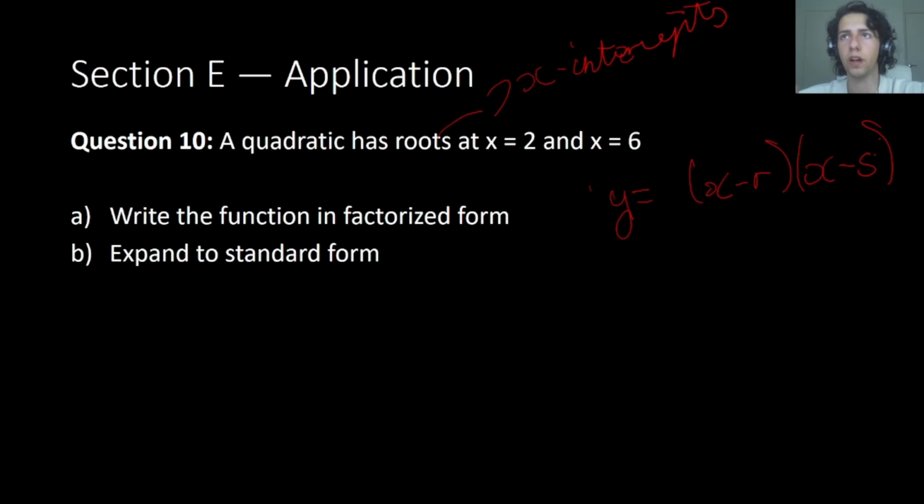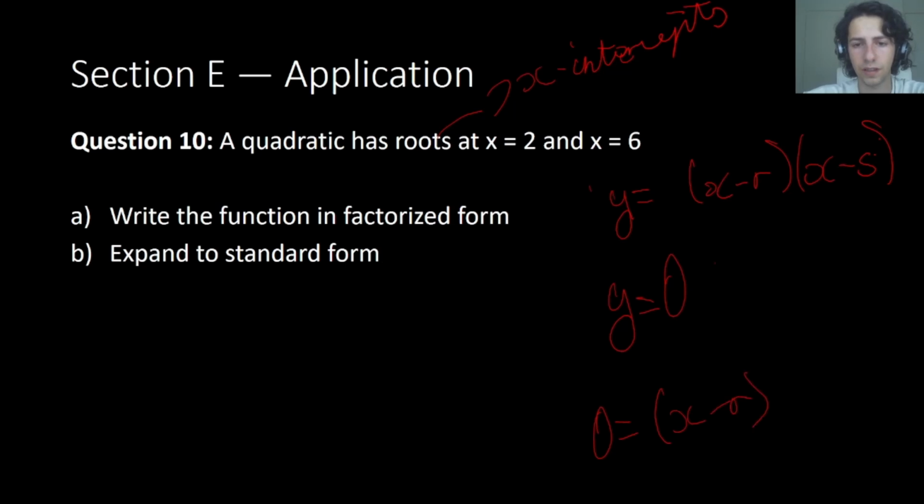And now, what are the roots? This takes a bit of a longer explanation. We can apply the null factor law again. We make y equal to 0 first. So, 0 is equal to x minus r times x minus s.